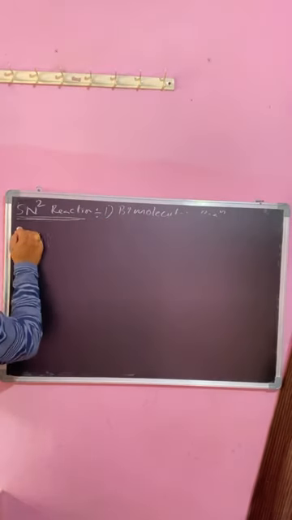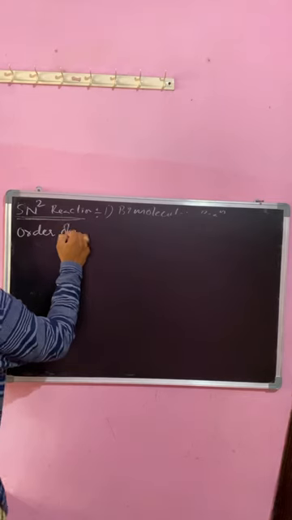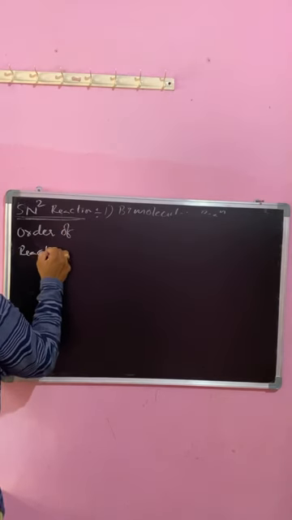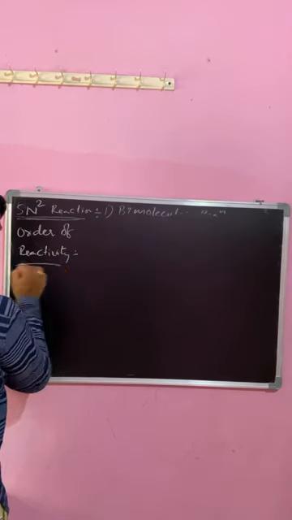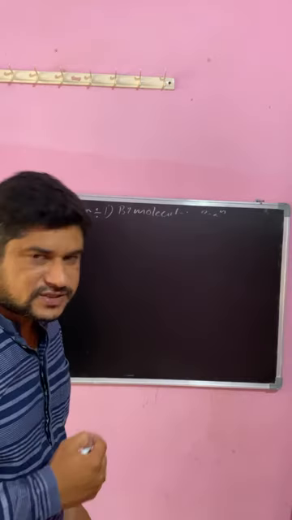If you see the order of reactivity, it will be like this. There is no intermediate formed in the SN2 reaction.